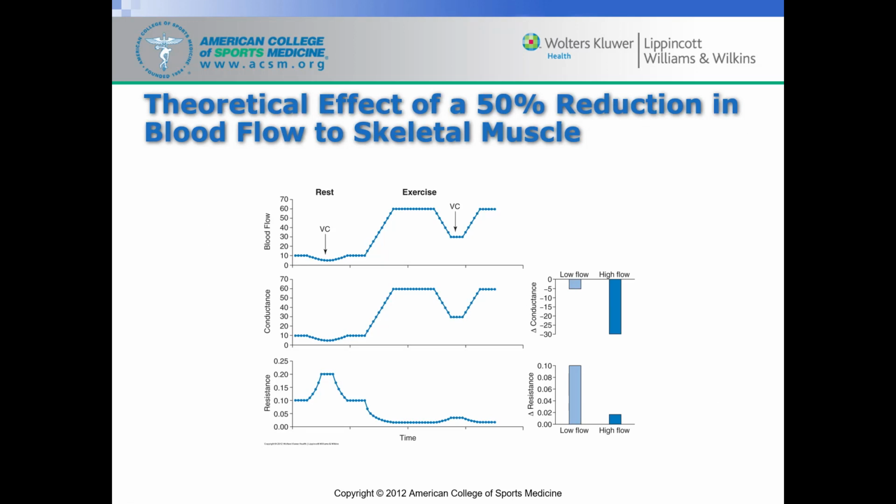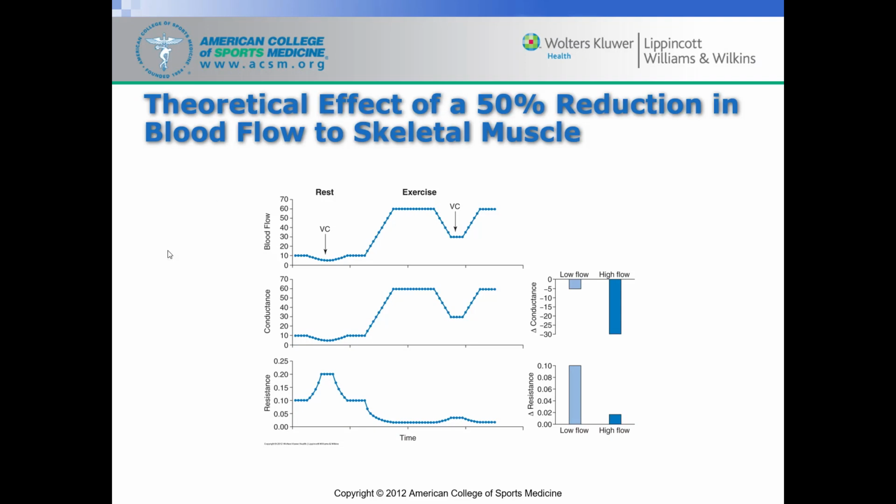So, a theoretical effect of a 50% reduction in blood flow to the skeletal muscle. Here we see blood flow, conductance, and resistance. Well, blood flow is self-explanatory. It's the amount of blood that flows within a given tissue. Vascular resistance, however, is the perfusion pressure divided by blood flow. And conductance is the blood flow divided by perfusion pressure.